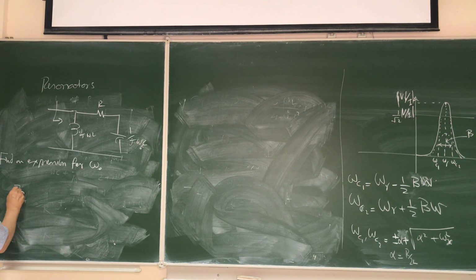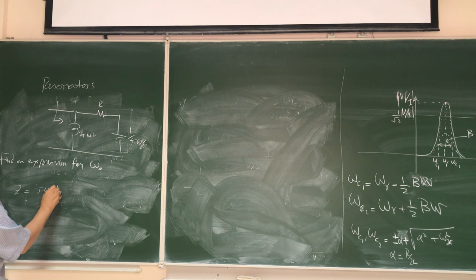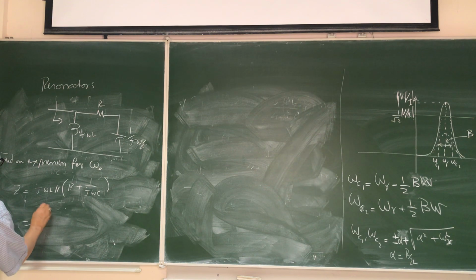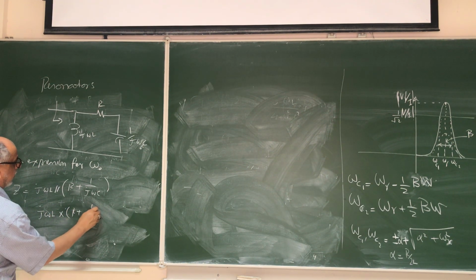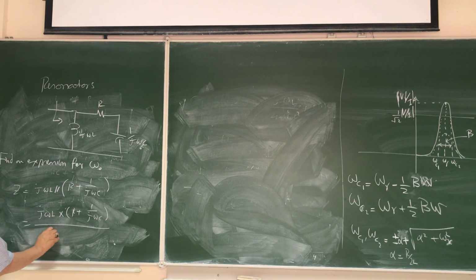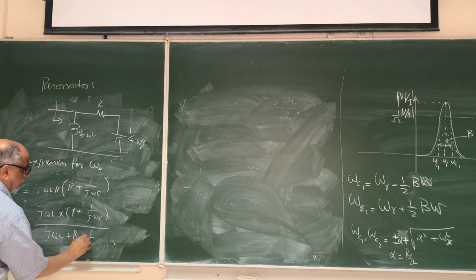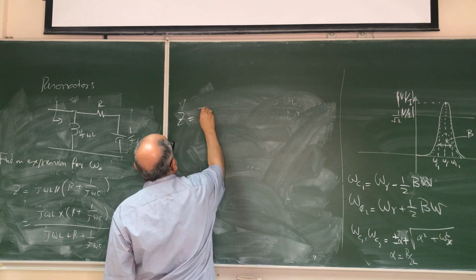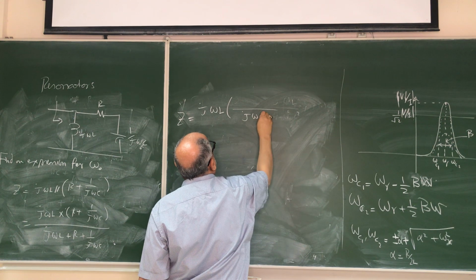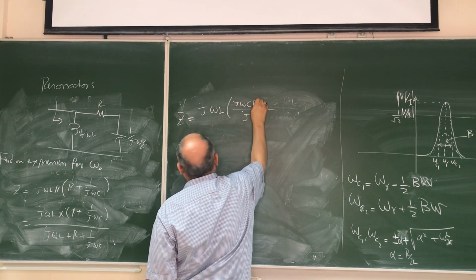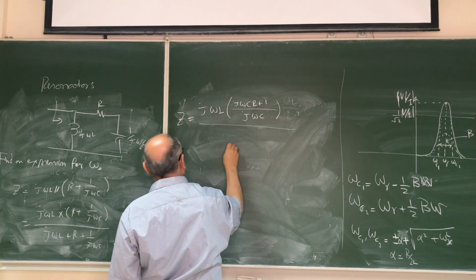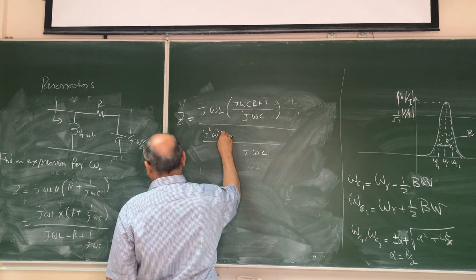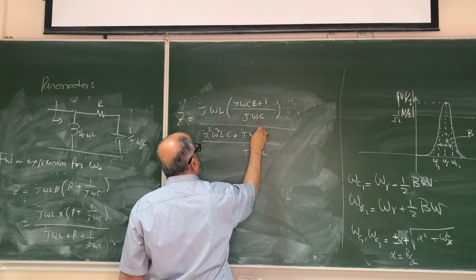So z is equal to j omega L in parallel with R plus 1 over j omega C. This can be written as j omega L multiplied by R plus 1 over j omega C, divided by j omega L plus R plus 1 over j omega C. We manipulate this equation, so we have j omega L into j omega C R plus 1, divided by, taking j omega C common, j squared omega squared LC plus j omega CR plus 1.